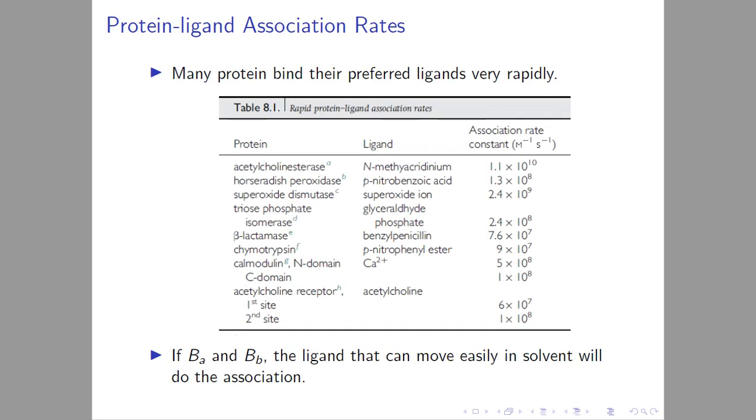Okay, and this is the last one, protein-ligand association. Many proteins bind their preferred ligand very rapidly. So this is the association rate constant that we can get from this.